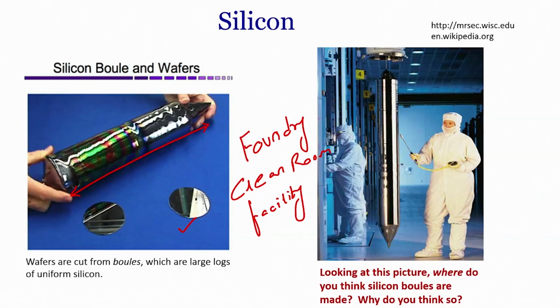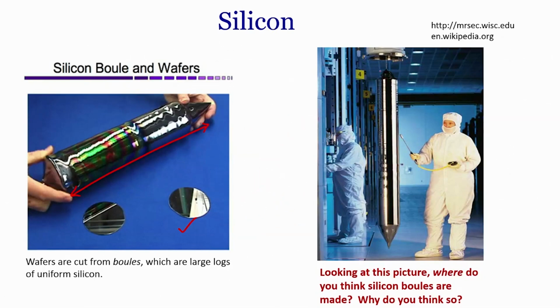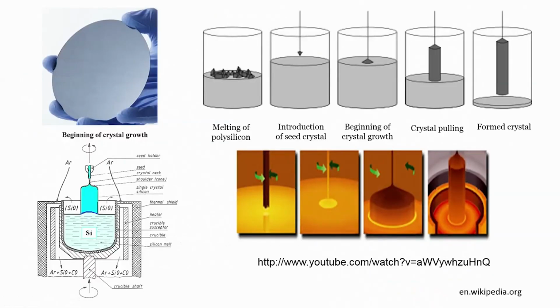We need silicon which is 99.999999999 percent pure. To obtain this we require a clean room facility, a place to avoid any contamination. So, now we know that if we have a boule, then we can slice it and get the silicon wafer. Of course, there is a process, and we will see the process also.